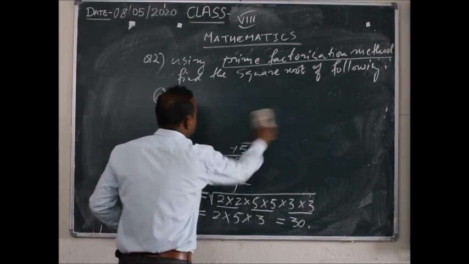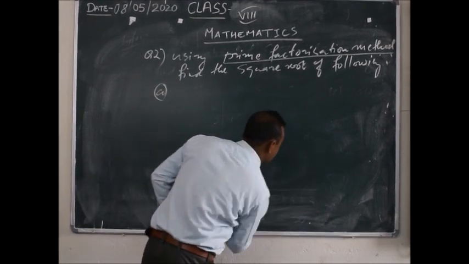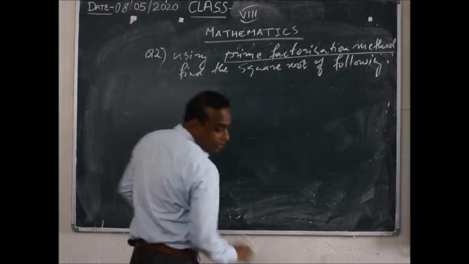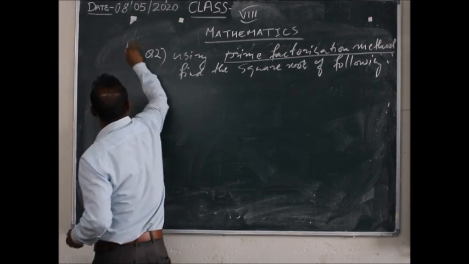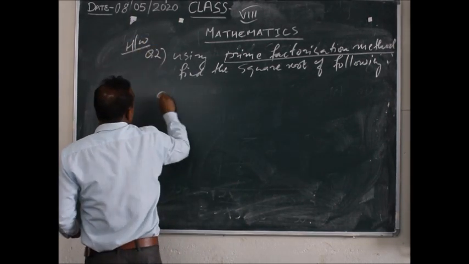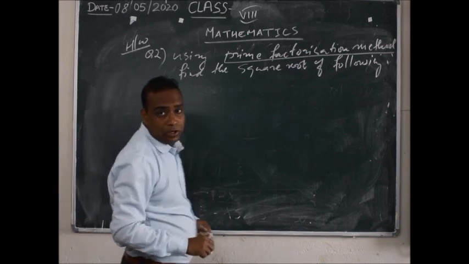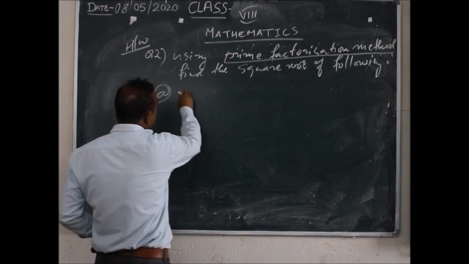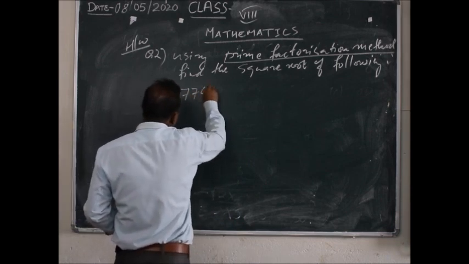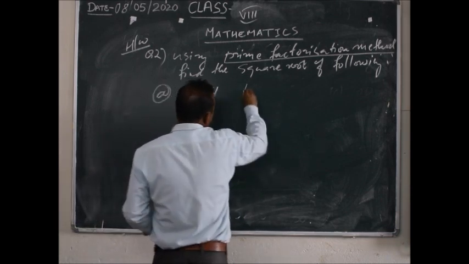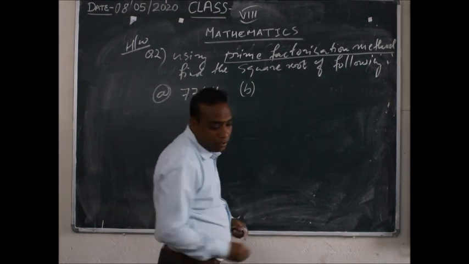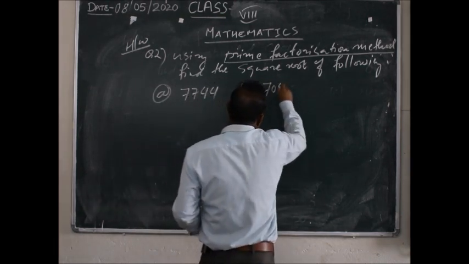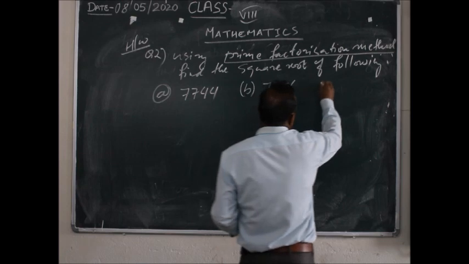Now this is your homework. The question is the same. You have to find the square root of: number A, 7744. Number B, 7056.